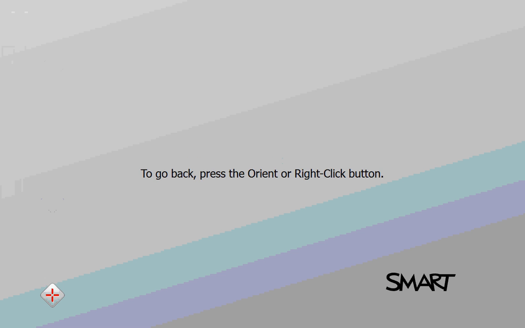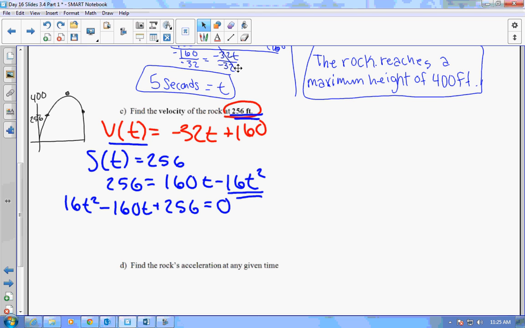Once you've factored, use the 0 property to solve for your 2 times at which your rock will be 256.